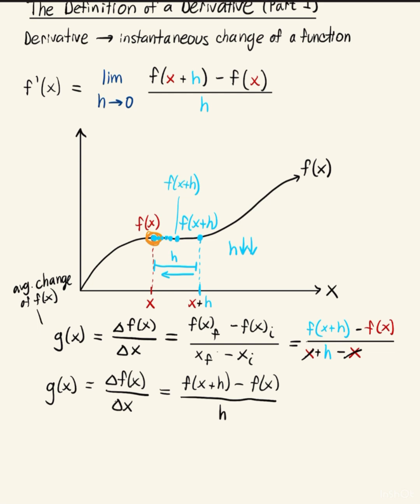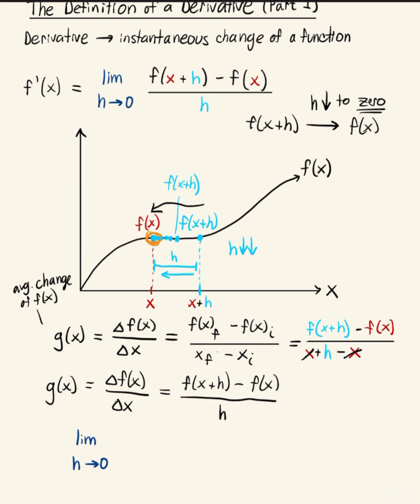So what we can say is, as the limit as h goes to 0, f of x plus h approaches f of x. Think about this mathematically. If we have f of x plus h, to get f of x plus h to become f of x, we decrease h to 0. So we use our limit, because our limit means as something approaches 0, not that it is 0.